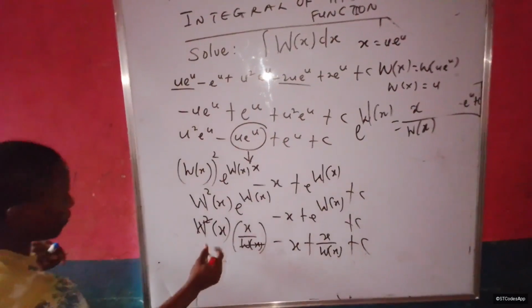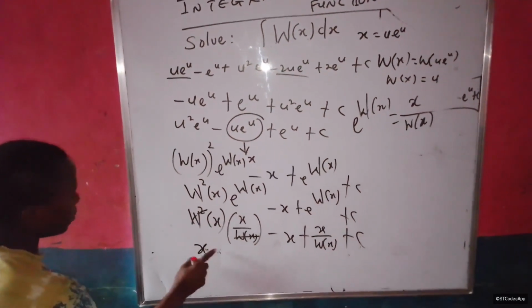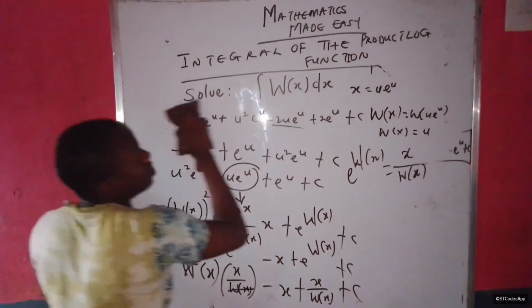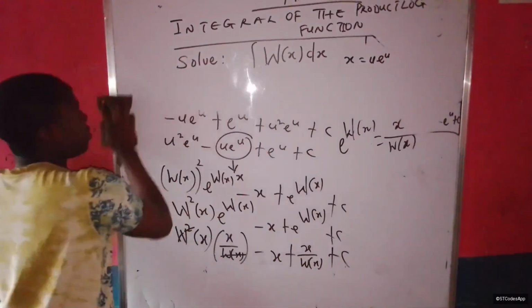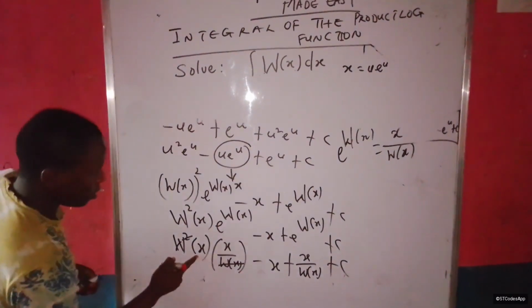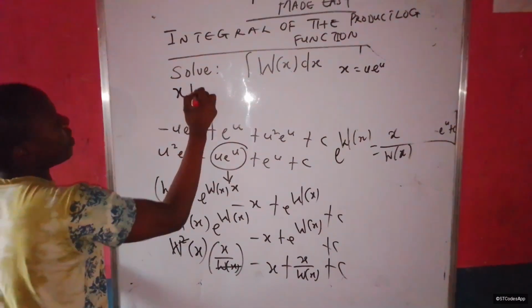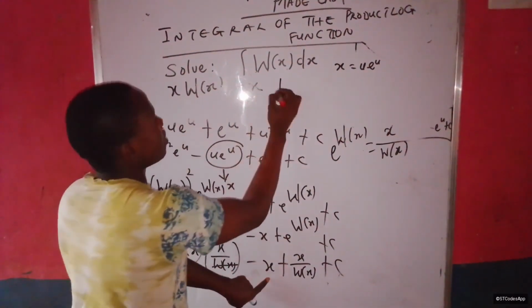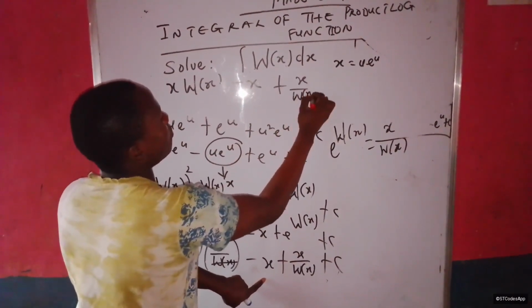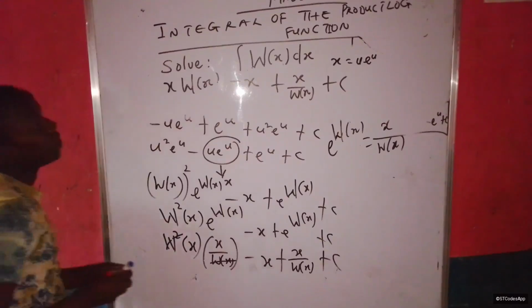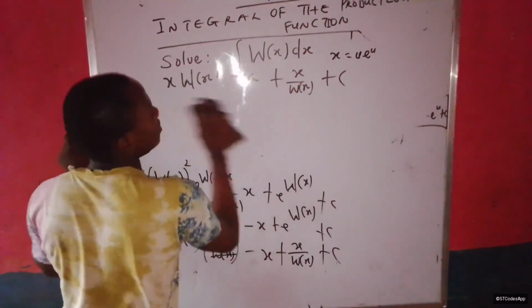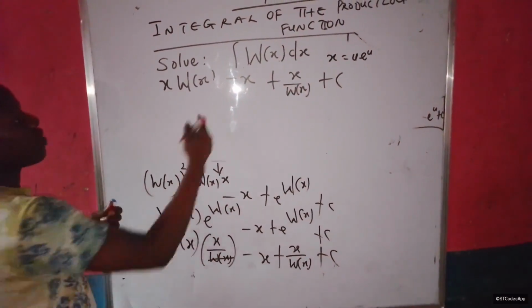So what are we going to have here? That will be x. Let me write it at the top. So we are just going to have x multiplied by product log of x minus x plus x over product log of x, everything plus c. Now what do you notice here? We can see that x is common throughout, so we can factorize x out.